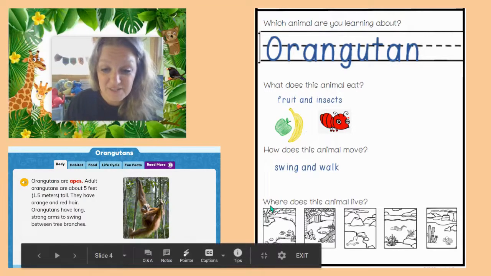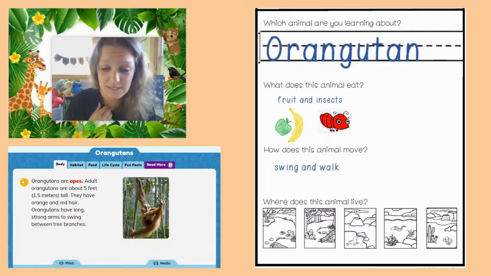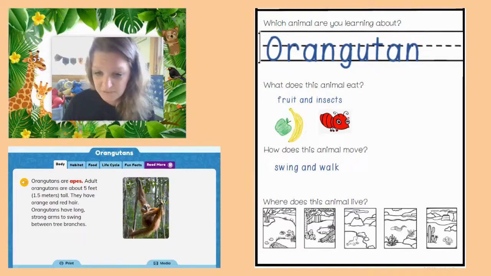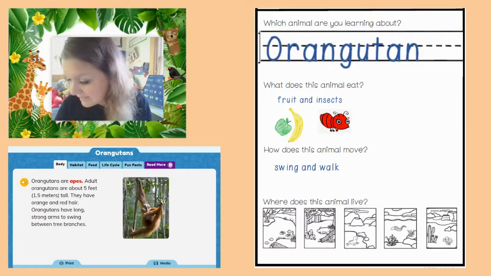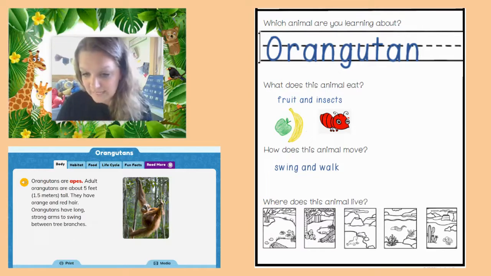Now my next question says, where does this animal live? So let's look here at the pictures at the bottom. Okay, this first picture is going to be a picture of a forest. Do you notice how it has forest trees? I also look closely and I might see a river or a lake.